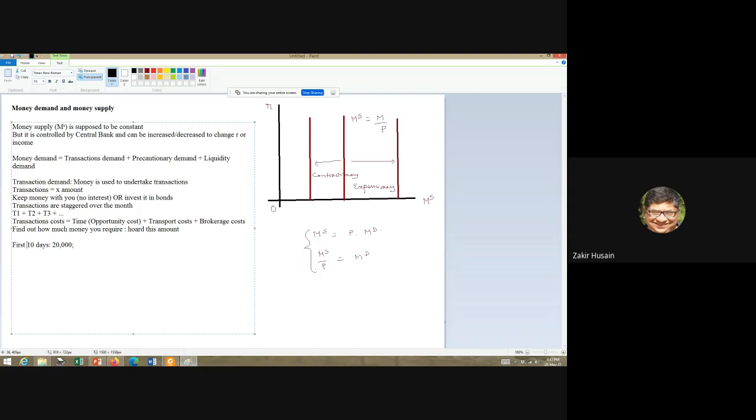Okay. Then after the second 10 days, you again require, let us say, 15,000 rupees. And in the last 10 days of the month, you require 6,000 rupees. So suppose your income is, let us say, 50,000 rupees. You can invest it in this way.